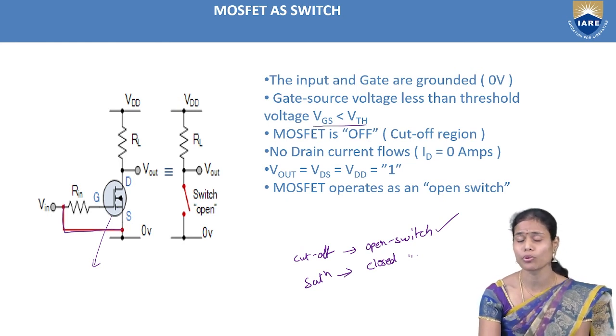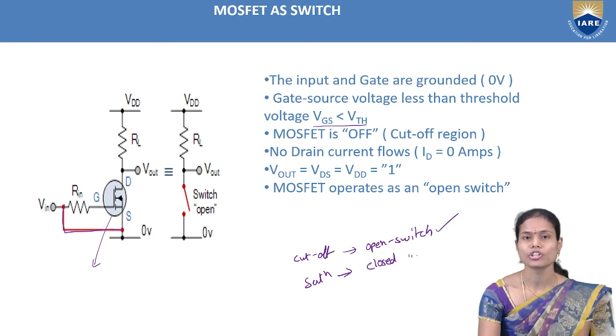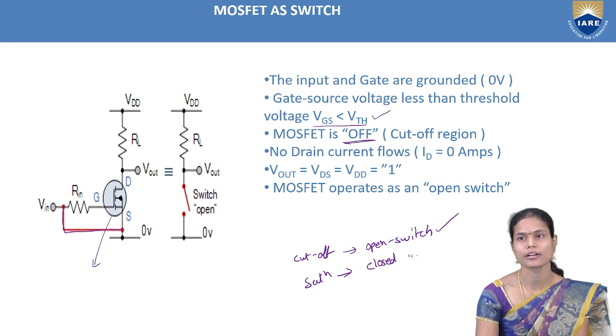Threshold voltage means the voltage required to make the device go to the conduction state. So that required voltage we are not providing here. We are grounding the input, and the gate to source voltage is also not at the required threshold voltage level. So in that case the MOSFET is in the off state or cutoff region.